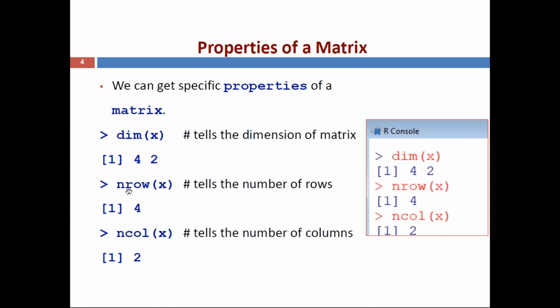Then if you want to find the number of rows in the matrix, we use the command nrow of matrix name. How many rows are available in the matrix? 4 rows, so the output is 4. Similarly, if you want to find the number of columns, you can use ncol of matrix name. Then the output is 2.